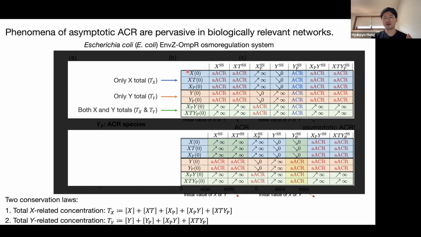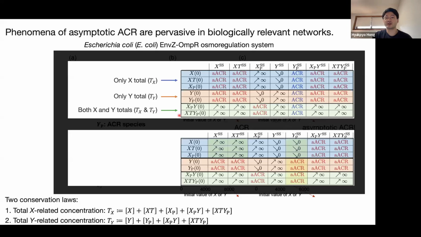So for example, among those 7 species, the first 3 only contribute to the total concentration of X, and the second 2 species contribute only to the Y total concentration, and the last 2 species contribute to both X and Y total concentrations.